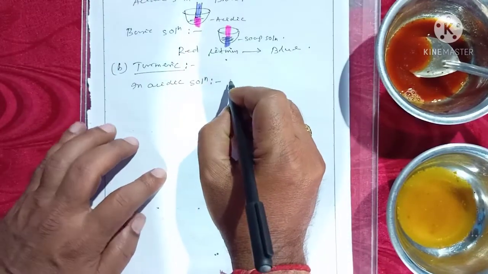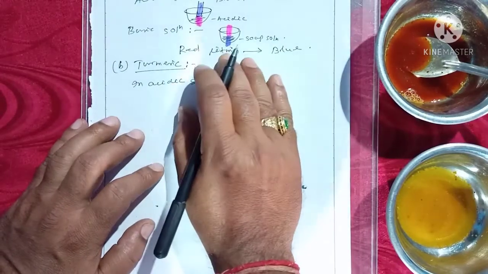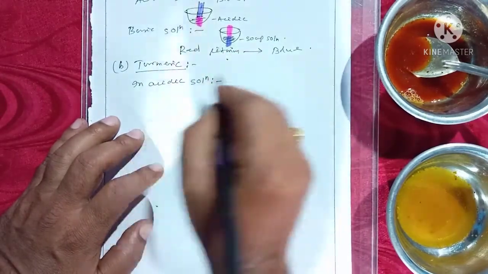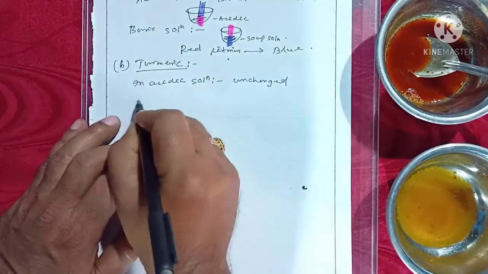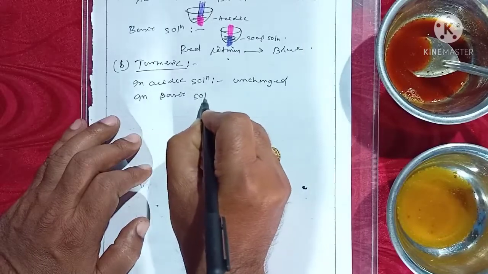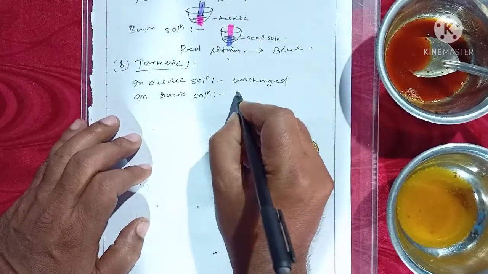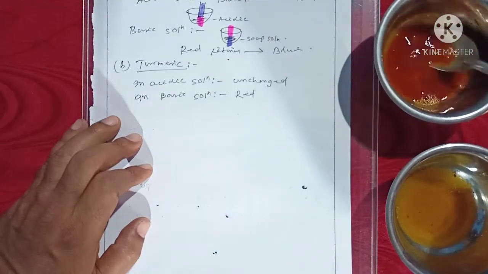When we add turmeric to an acidic solution, the color remains unchanged. And in basic solution, the color changes to red. Here you may see. Okay.